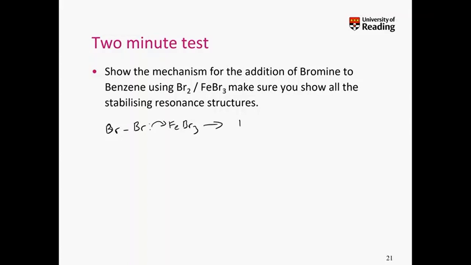That's going to give us Br, plus, and FeBr3, and the Fe has a minus. So we can equate that to being Br plus, okay? So we can say that is equivalent to Br plus and then FeBr4 minus.